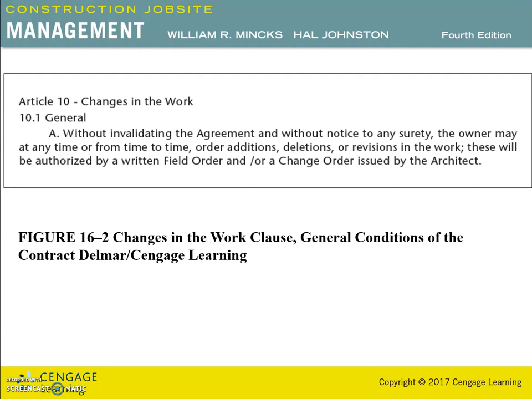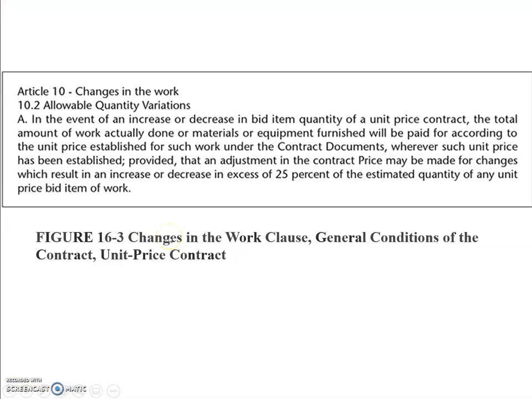In a unit price contract where the quantities are specified, compensation for variances with the specified quantities may be available. This type of contract clause can allow adjustment for quantity variance in a unit price contract. So let's see this type of clause. Changes in the work, allowable quantity variation.